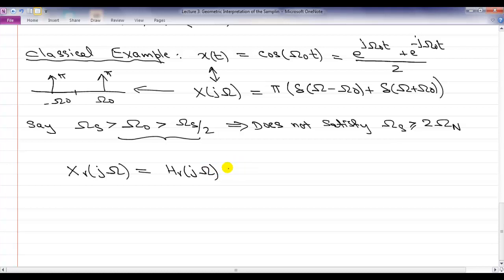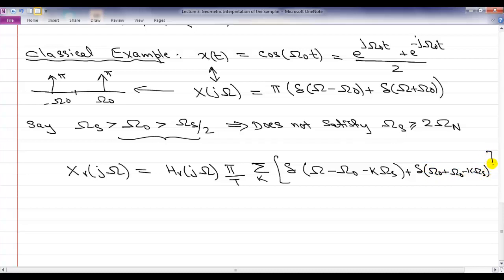So the X(jω) has π over T, and the multiple copies are δ(ω − ω0 − kωs) plus δ(ω + ω0 − kωs).